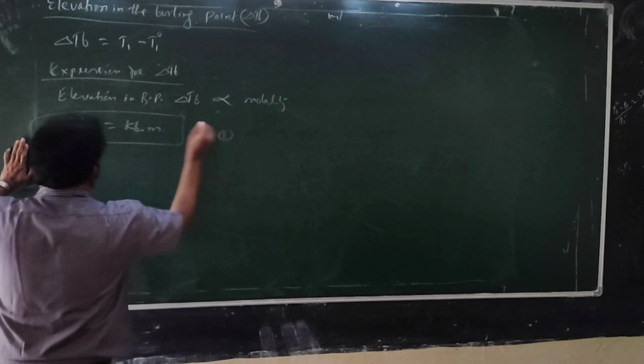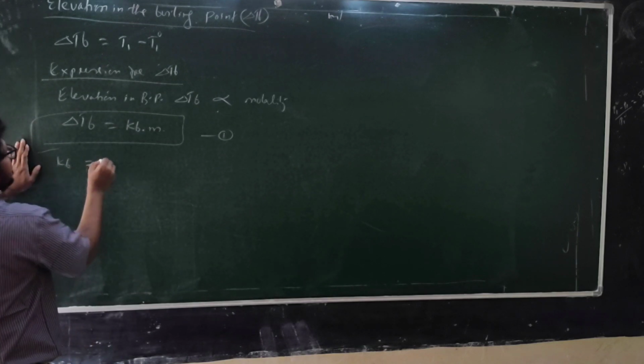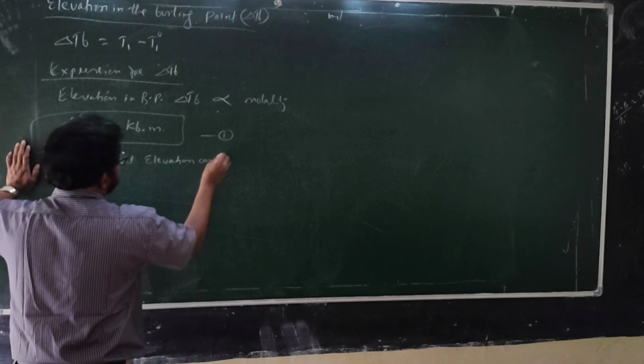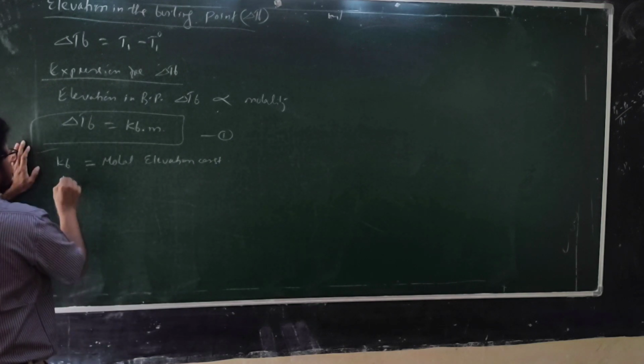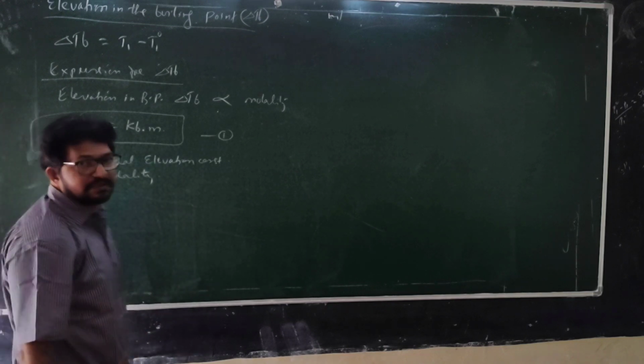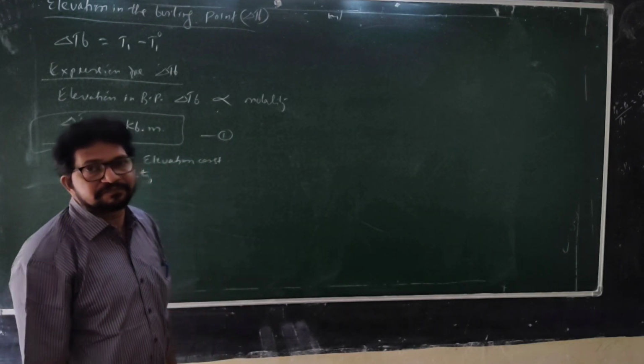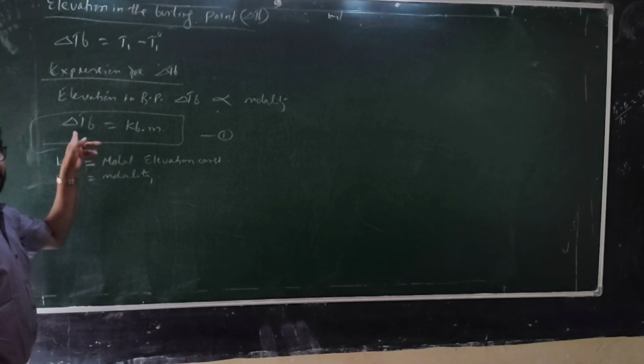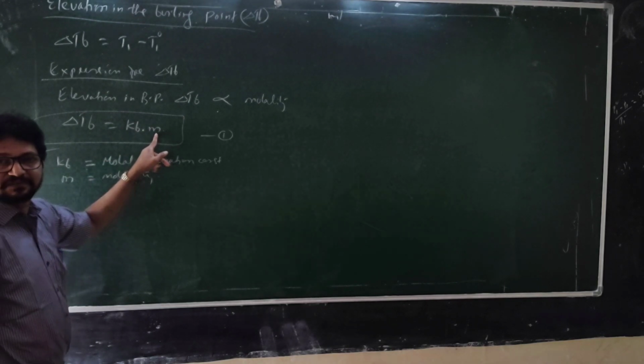M stands for molality. Here, this constant Kb is the molar elevation constant. What is Kb? Kb equals ΔTb if m is 1.